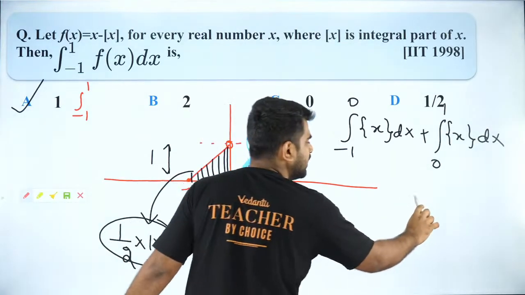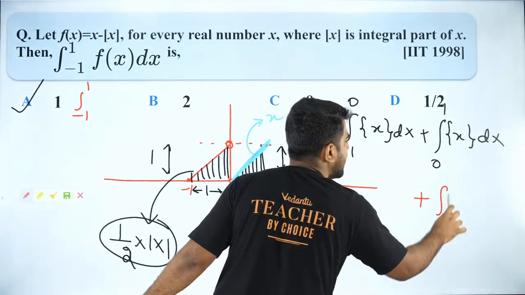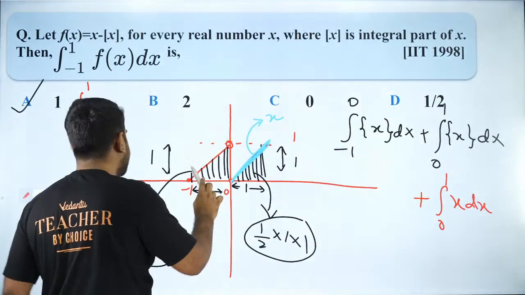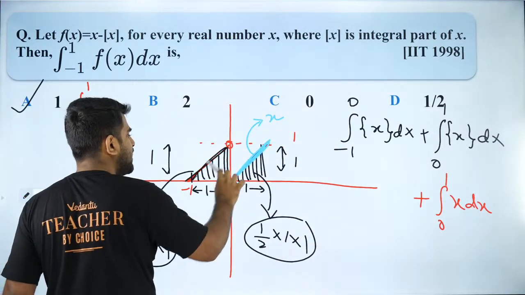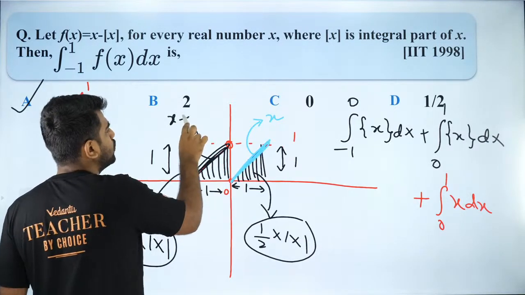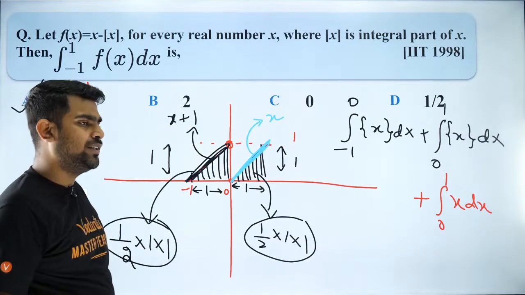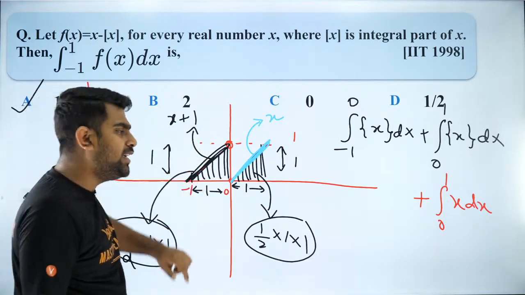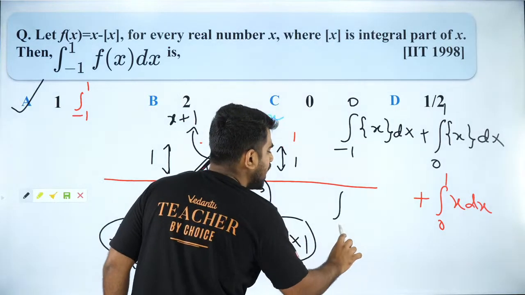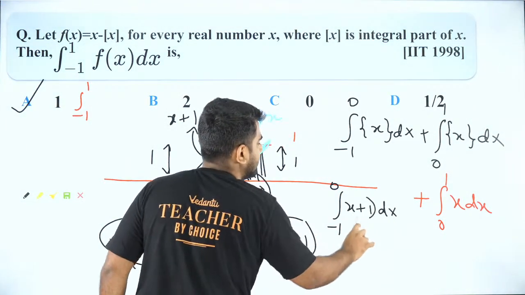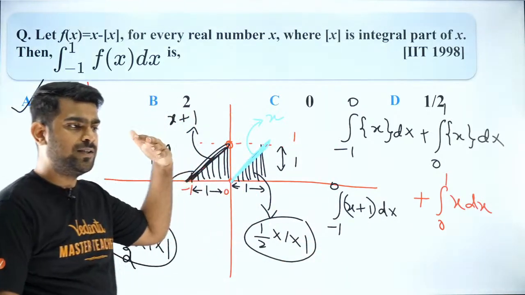It will be integral 0 to 1 of x dx. But the first portion, what is this function? This function is nothing but x plus 1. Don't you guys agree? Are you all clear? So it will be integral -1 to 0 of x plus 1 dx. That's it. Integrate it and get the answer.